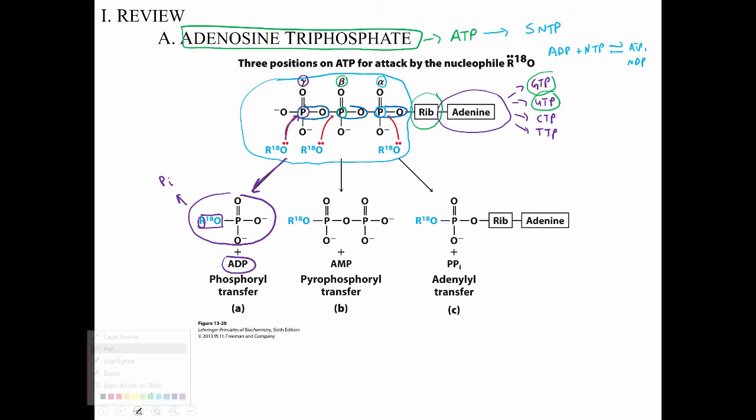Now the next potential point of nucleophilic attack and substitution would be, of course, the beta phosphate, and that's going to lead to AMP and pyrophosphate, or just PPi. Again, depends on what R exactly is.